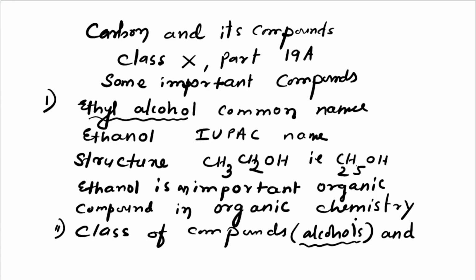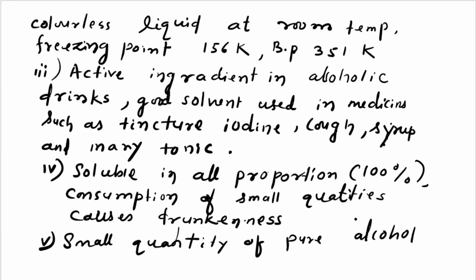So this is the alcoholic group, and it is a colorless liquid at room temperature, with freezing point 156 Kelvin and boiling point 351 Kelvin. You should remember the freezing point and boiling point, but it is liquid at room temperature.